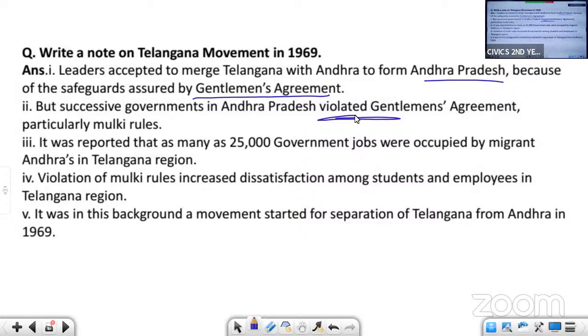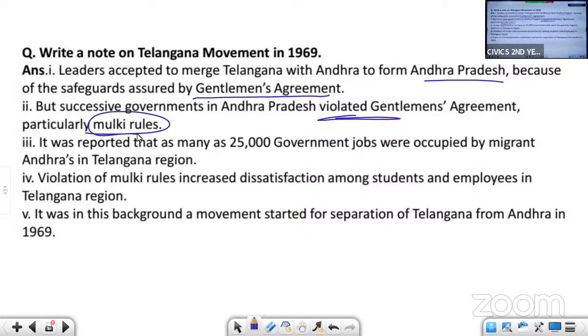The chief minister was from the Andhra region, so the deputy chief minister should have been from Telangana, but they did not appoint a deputy chief minister. Like this, they violated the agreement, and in particular the Mulki rules.